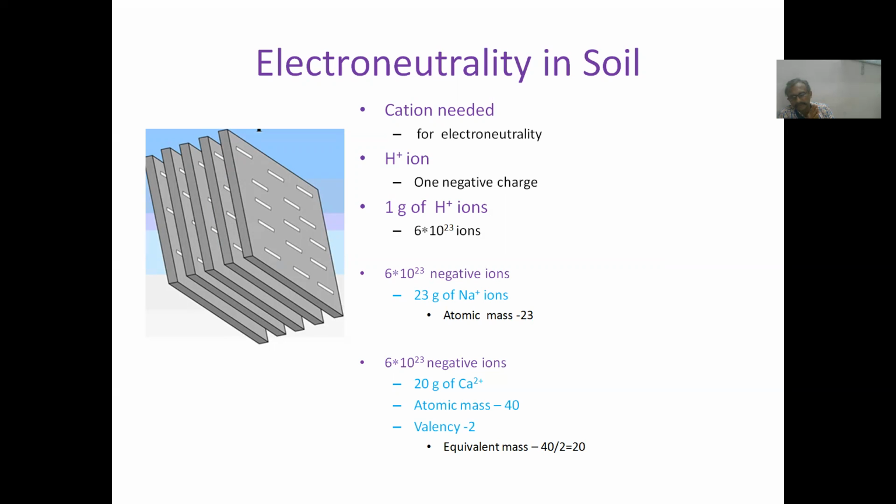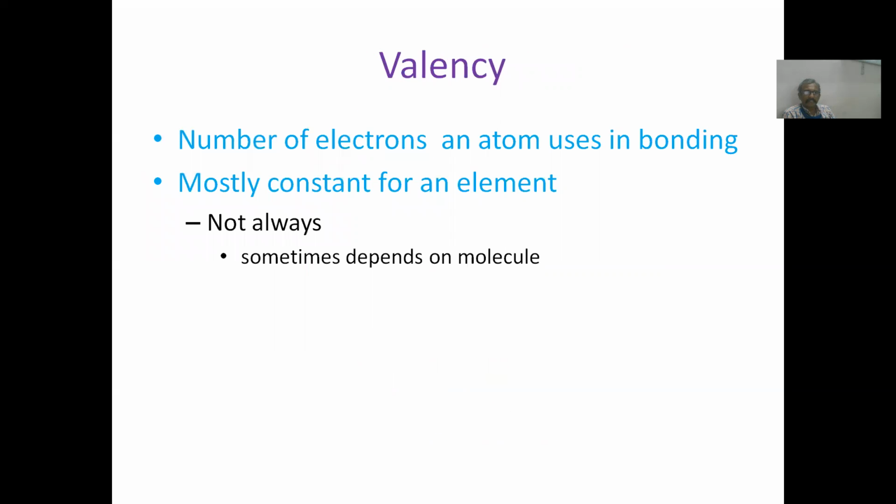Previously it was being called equivalent weight, but it is better to call it equivalent mass. So nowadays it is called equivalent mass. I would like to recall again, valency means the number of electrons an atom uses in bonding. Mostly each element will have one valency, but it's not always true.